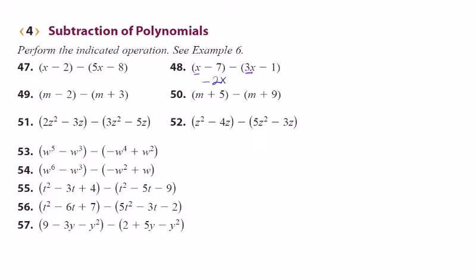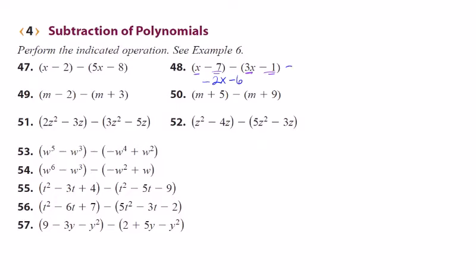And then I have negative 7 minus negative 1, which would be the same as negative 7 plus 1, which would be negative 6. So that's one way to do it.